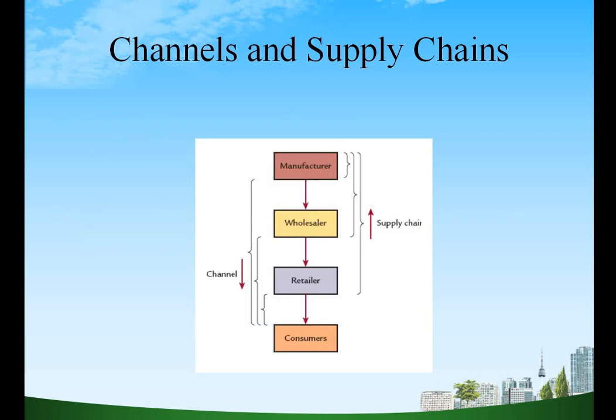In this chart, we'll understand the supply chain, where the supply chain moves upwards and the opposite chain moves downwards. The channel will descend from top to bottom, then the supply chain will move from bottom to top.